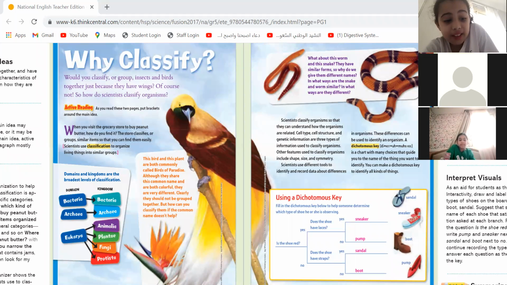A domain is the broadest level of classification. What does that mean? Organisms are separated into domains by their cell structures. As you continue down each level of classification, the organisms are more closely related to each other. Now, about their cell, remember when I talked to you about animal cell and plant cell?